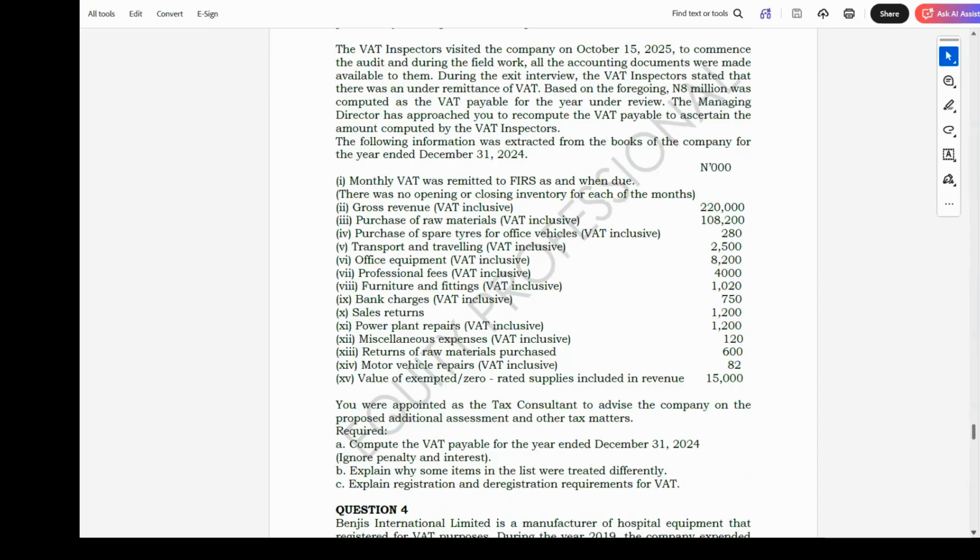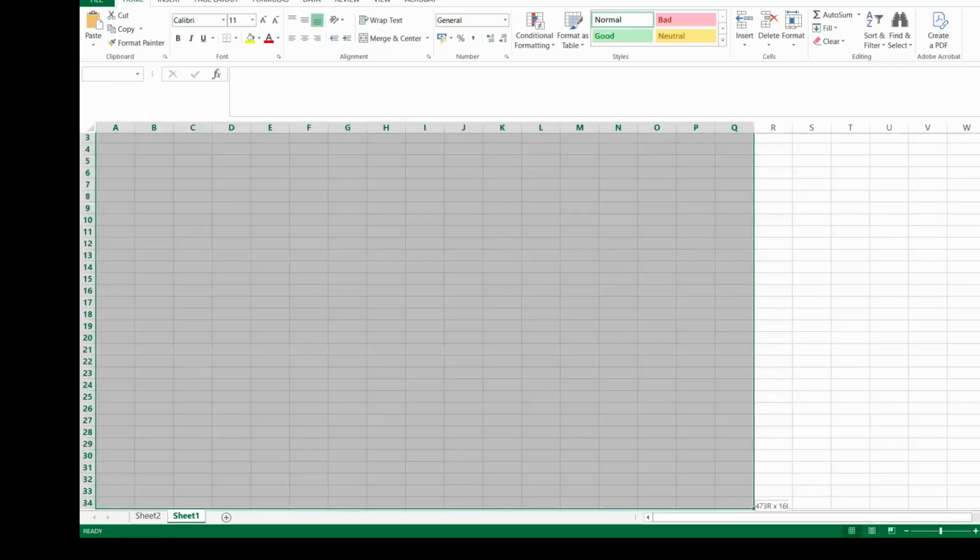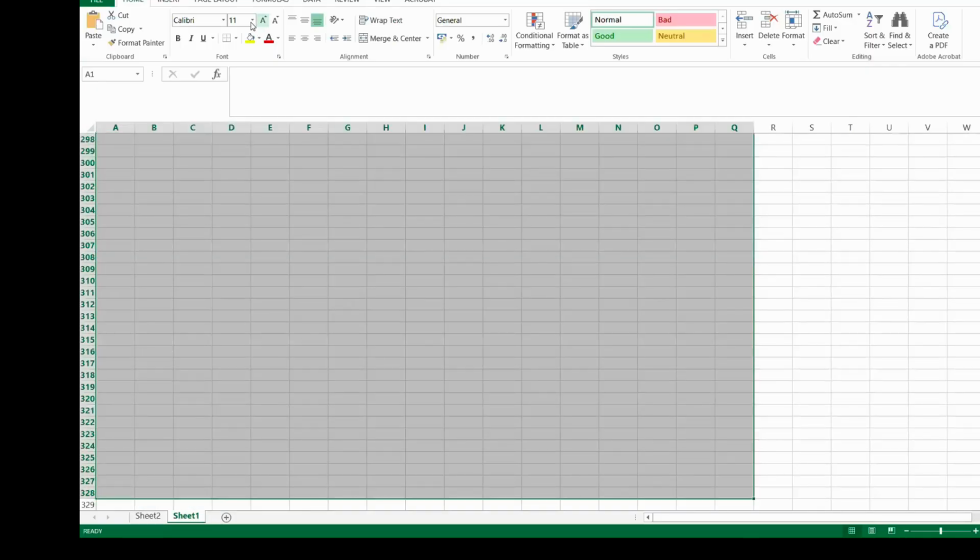So we are given the question to compute the following information relating to value added tax. In our computation, one thing is very important, which is the requirement.